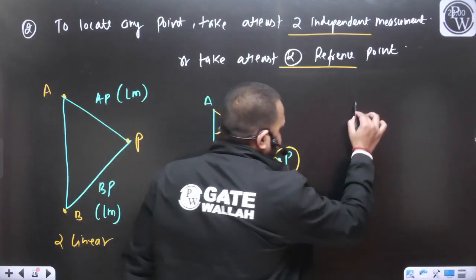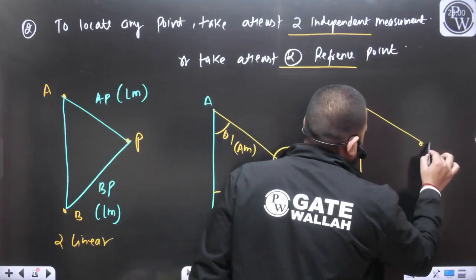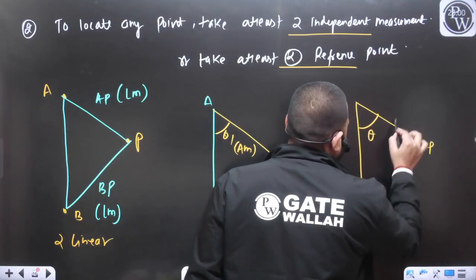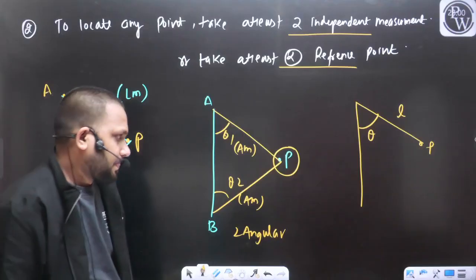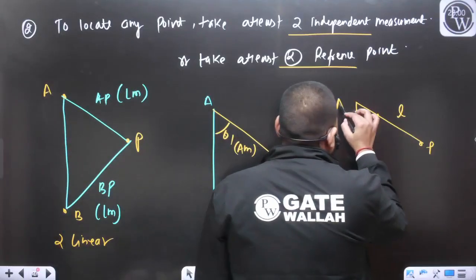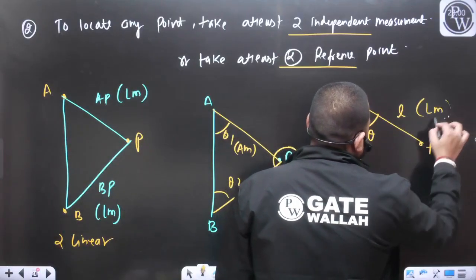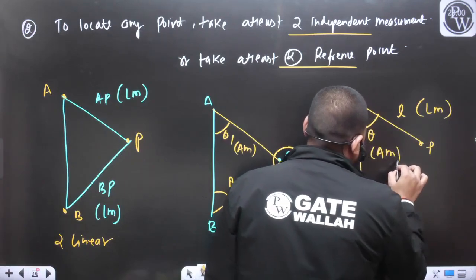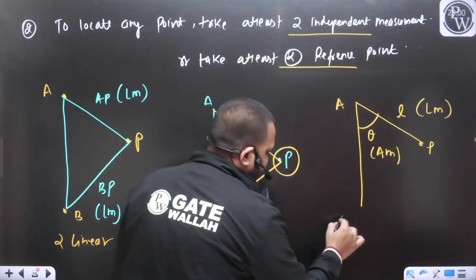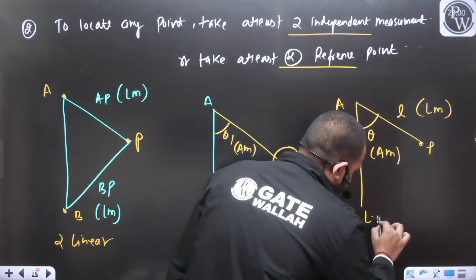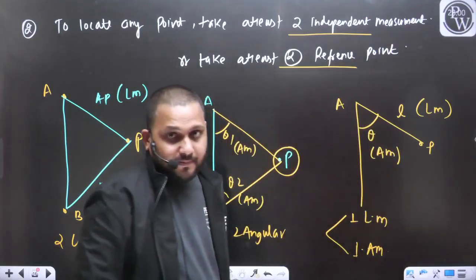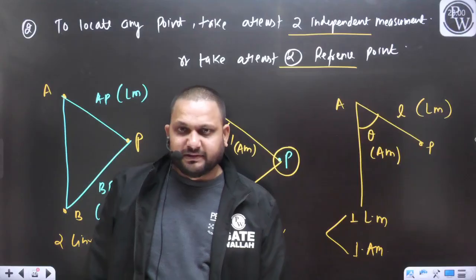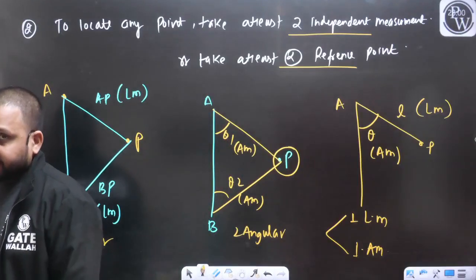One more way: I want to locate this point P with the help of this angle theta and with the help of this length L. So this is going to be your linear measurement and this is going to be the angular measurement. We have performed 2 measurements, one linear measurement and one angular measurement.